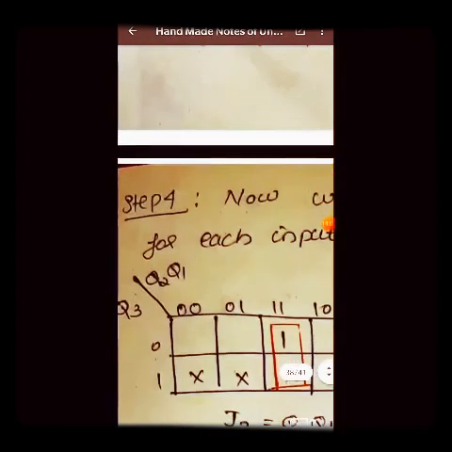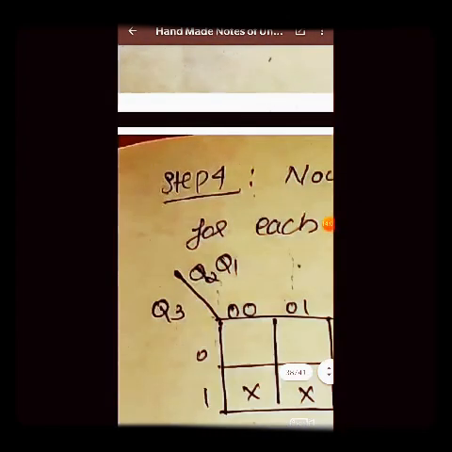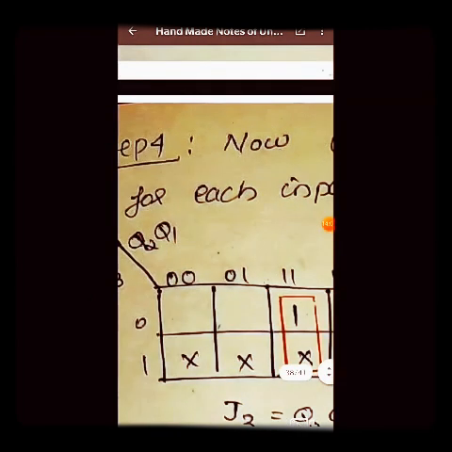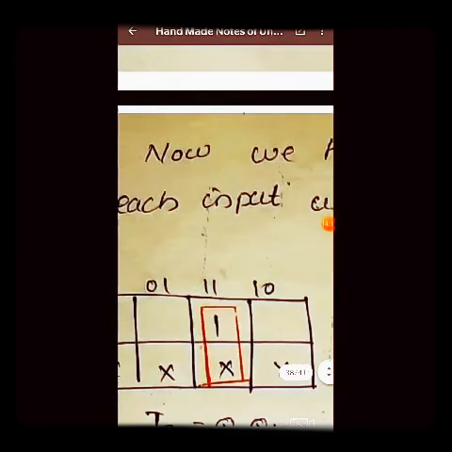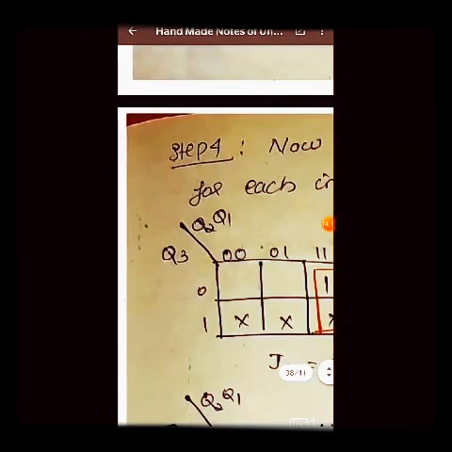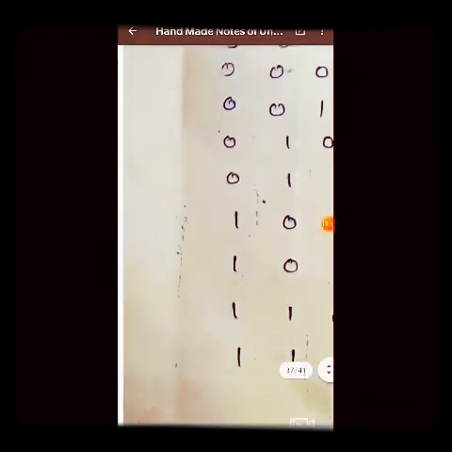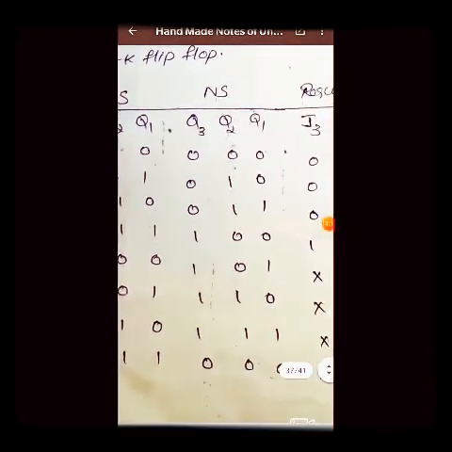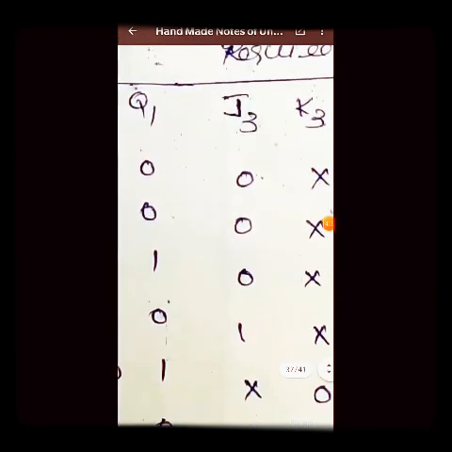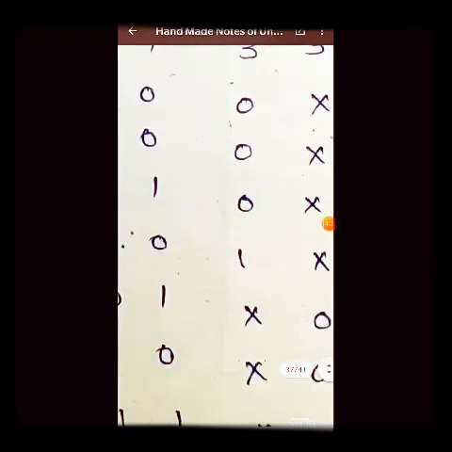You need to first write Q3, Q1, Q2 here. You need to put 0, 1, 0, 0, 0, 1, 1, 1, 1, 0 for Q1, Q2, and the value of Q3 is 0, 1. So how can we find the value of these? Firstly, we need to see J3. The value of J3 should be 1.